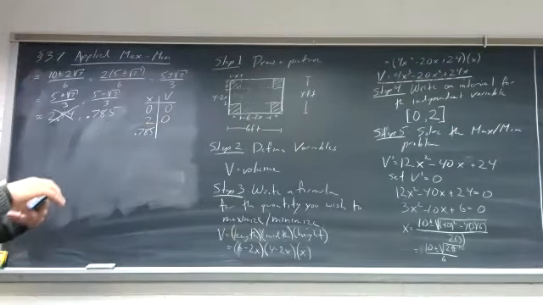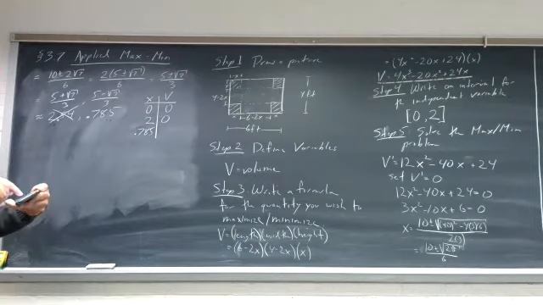So let's see, 4 times 0.785 cubed minus 20 times 0.785 squared plus 24 times 0.785.